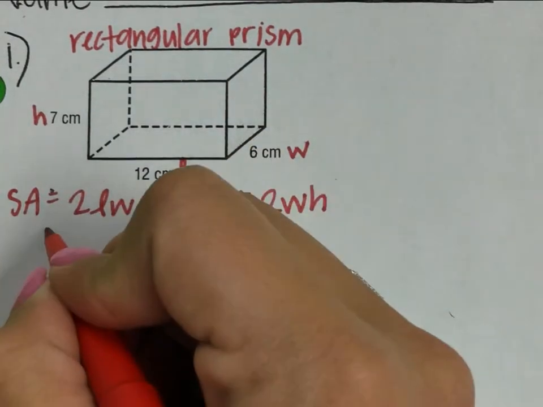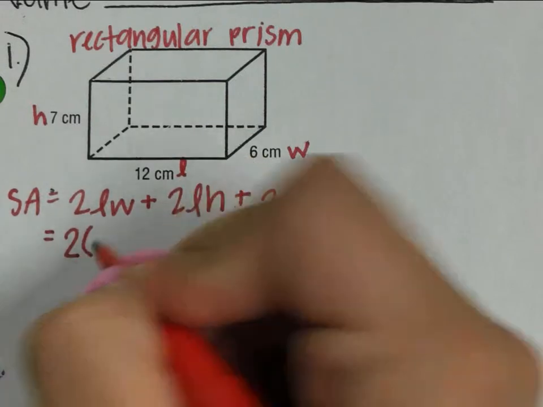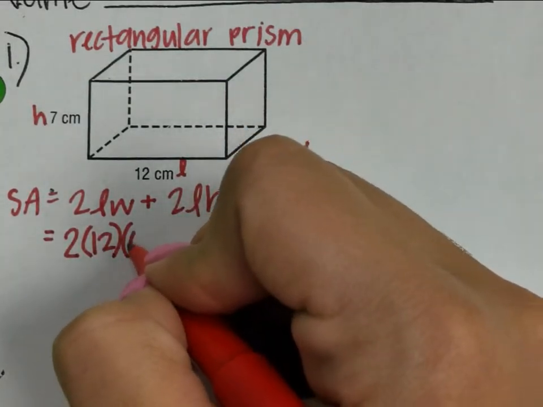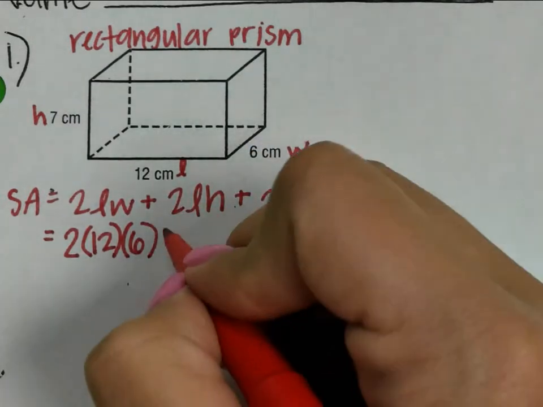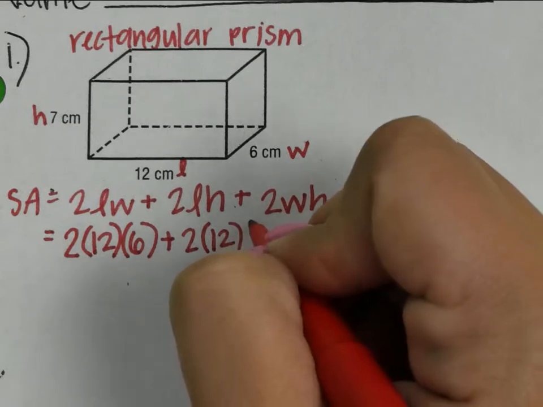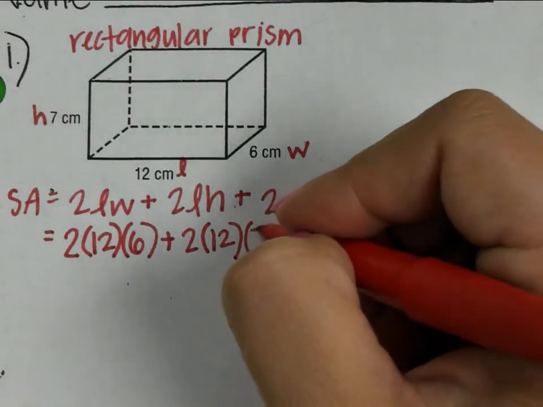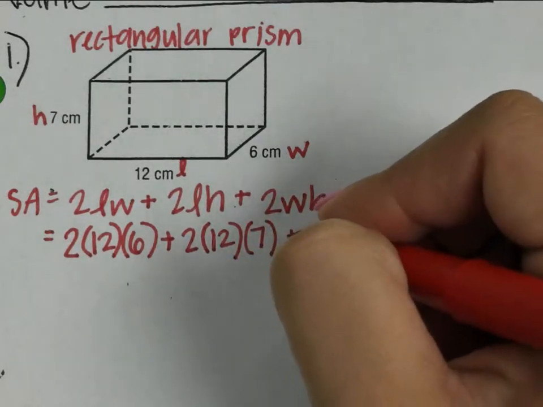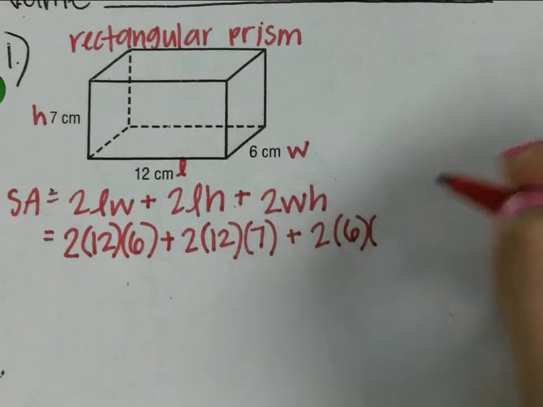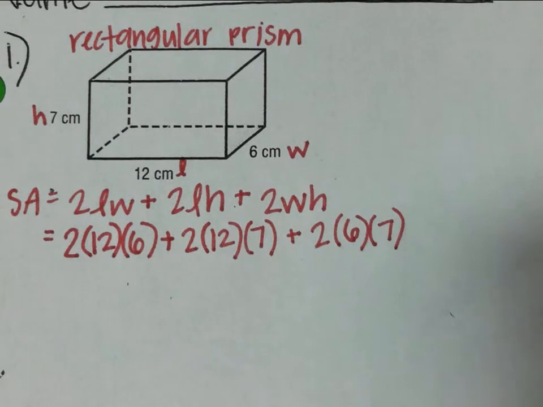All right. So that means I've got 2 times L, which is 12, times W, which is 6, plus 2 times L again, which is 12, H is 7, plus 2 times W, which is 6, times H, which is 7.